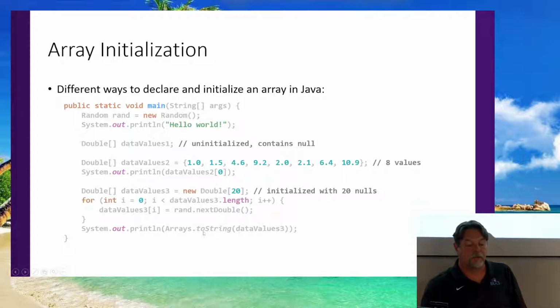And this is a nice illustration down here at the bottom also of how to print. It's just a quick way to print the contents of an array variable. There's an Arrays class, java.util.Arrays. I forget what the namespace is, but it's a class named Arrays, and it has a bunch of helper functions in it, one of them being toString.